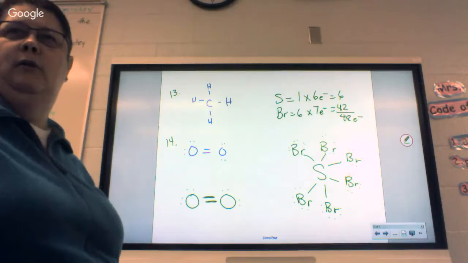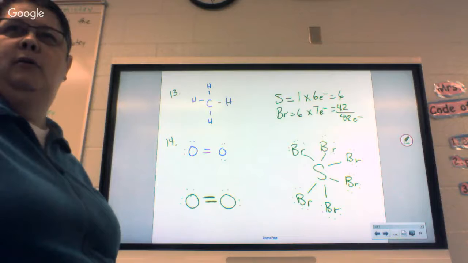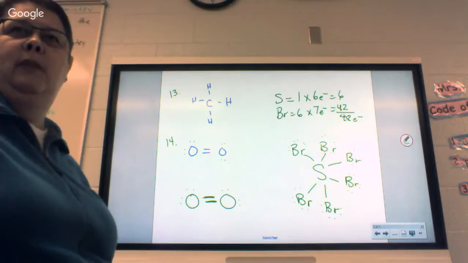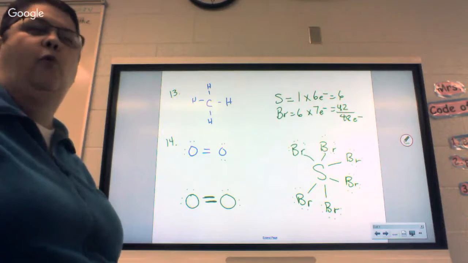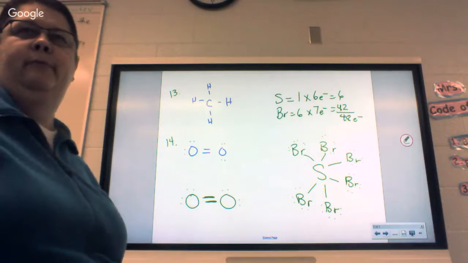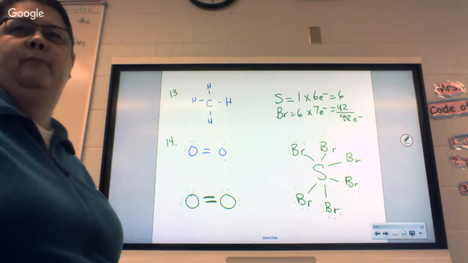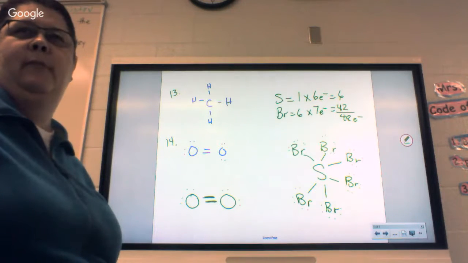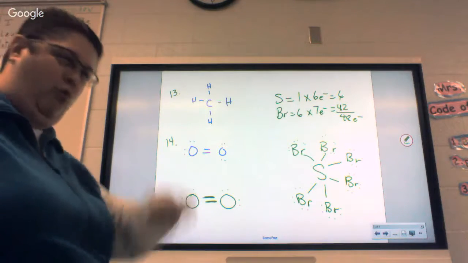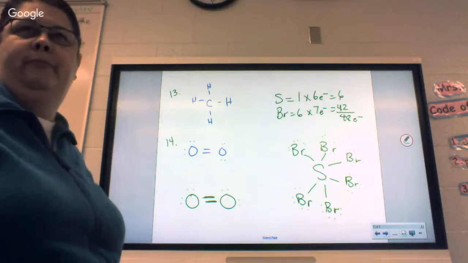Around the Si, yes. Yes, they all go around the central atom.